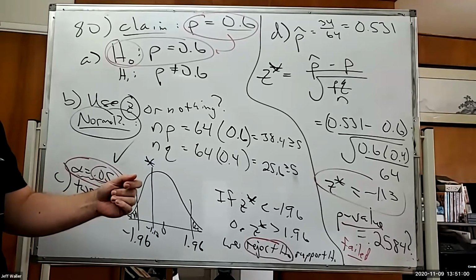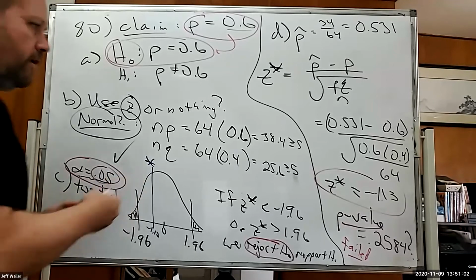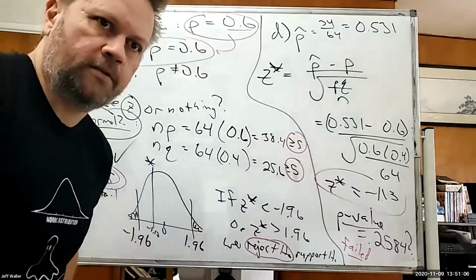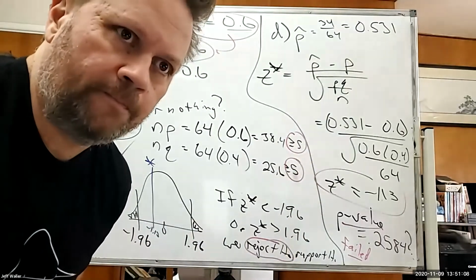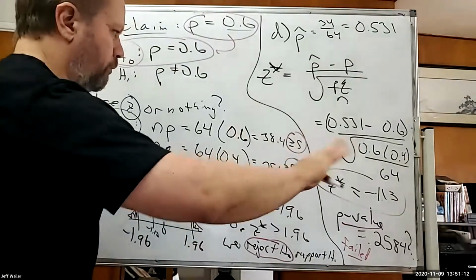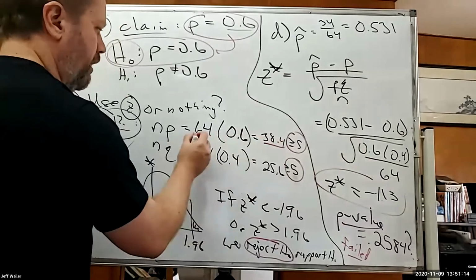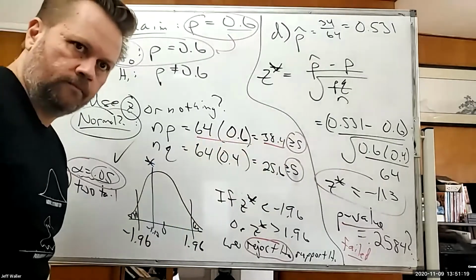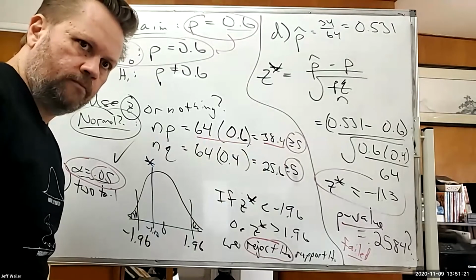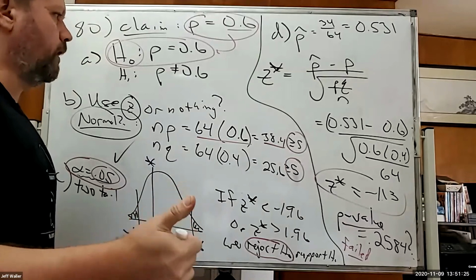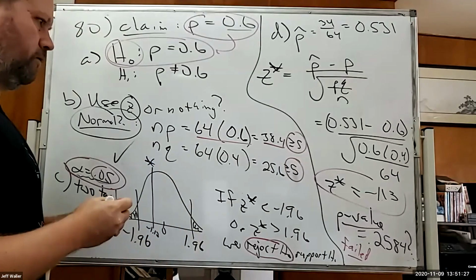Now this is part of the test, just like n greater than 30. That's a given. That's the whole point of the test. And this is just what I got from doing 64 times 0.6. Oh, got you. I was reading it wrong, but I get it now.